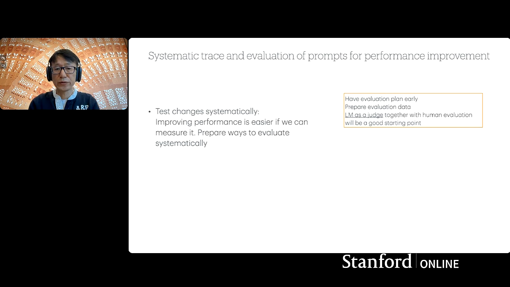So you may use a language model as a judge, meaning that you could ask a language model to evaluate the model-generated output along with the ground truth output, so that the model can score the generated output's quality, and you can use that against your currently developed applications.